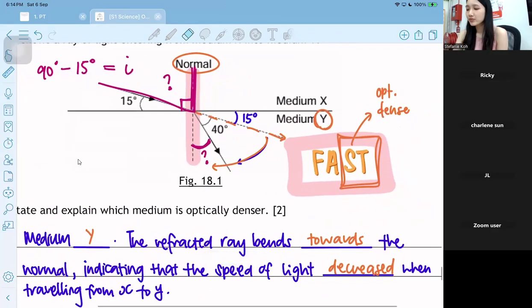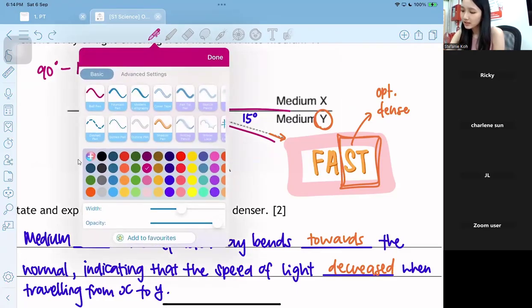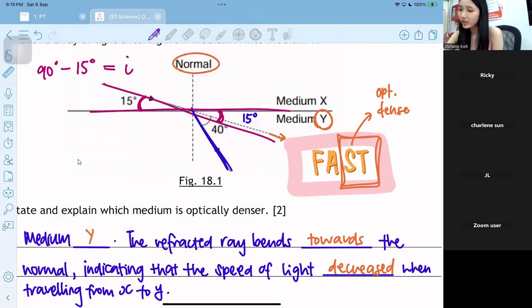if you guys learn from your math, okay, let me clear all of this. When you learn in math, when you see the X, these opposite angles are equivalent, right? So 15, 15. What I actually want to find is this ray. Okay, use a different color. I want this ray and the normal. I want this angle.